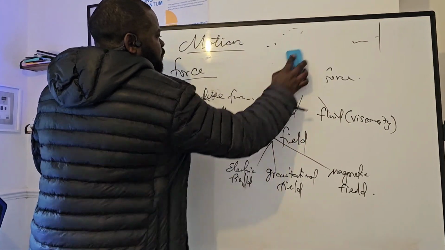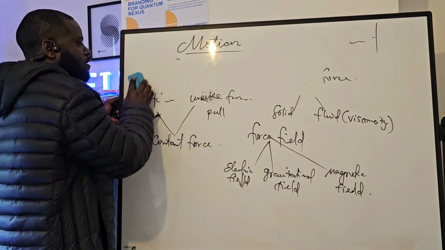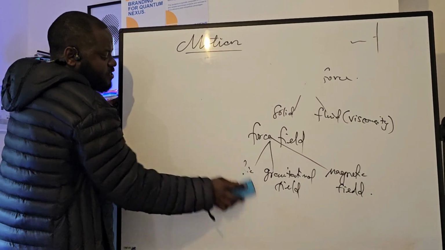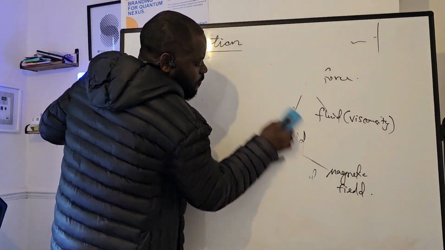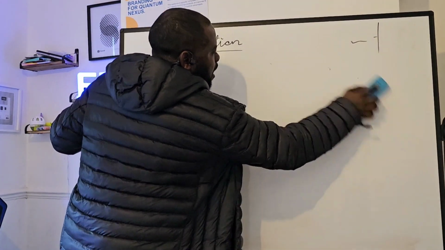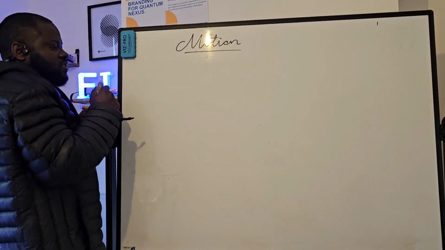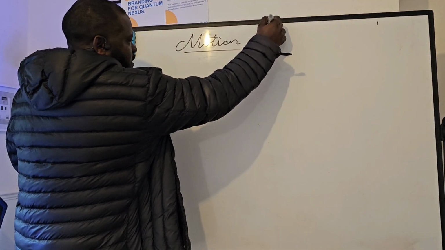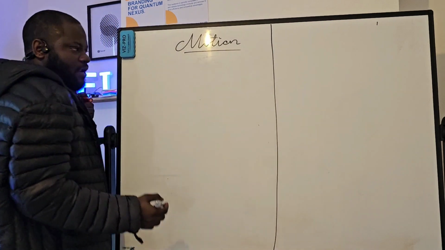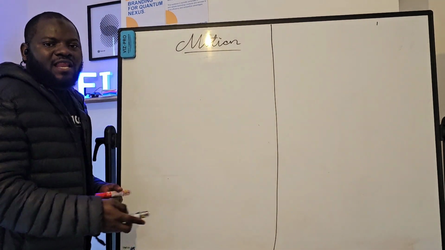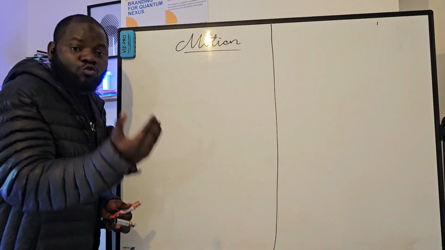So now, when force causes motion, I think I need to divide the board now so that we structure things. When force causes motion, there are a couple of things that the examiner wants to ask you about the motion of the body. Something like the velocity of the body, the acceleration of the body, and the distance that the body covered, as well as the time it takes the body to do all of those things.